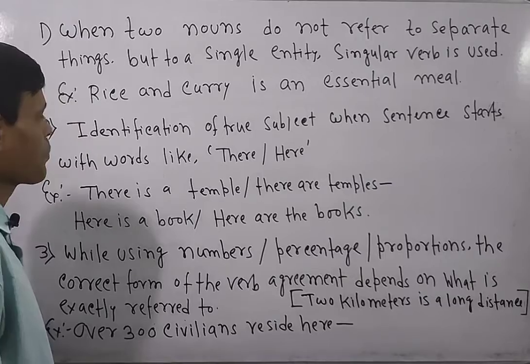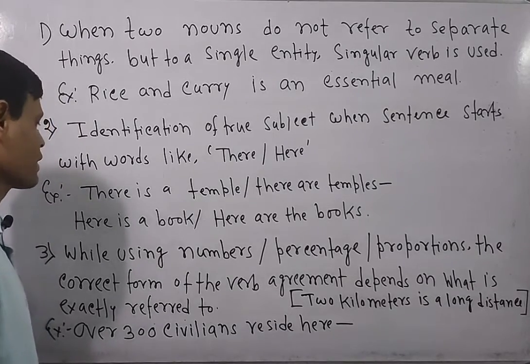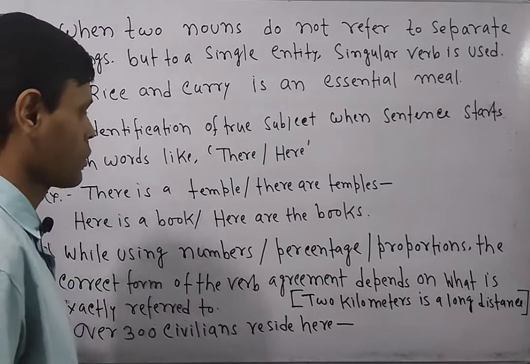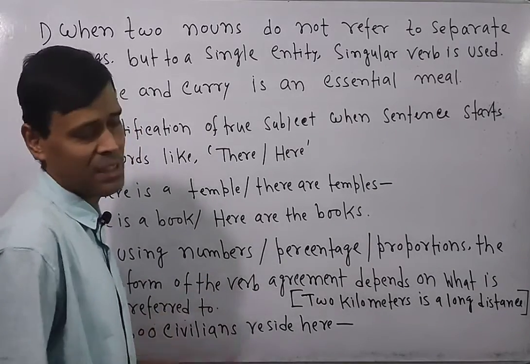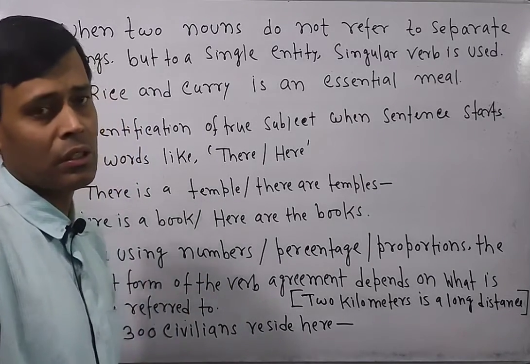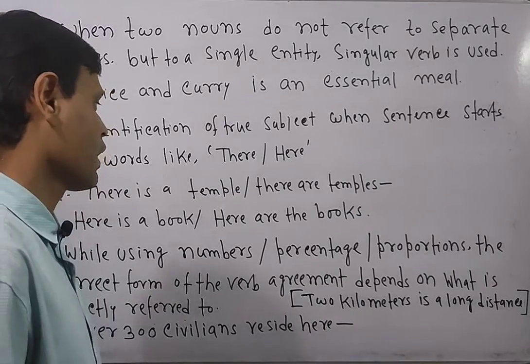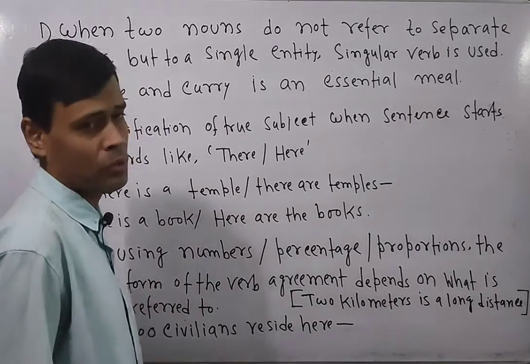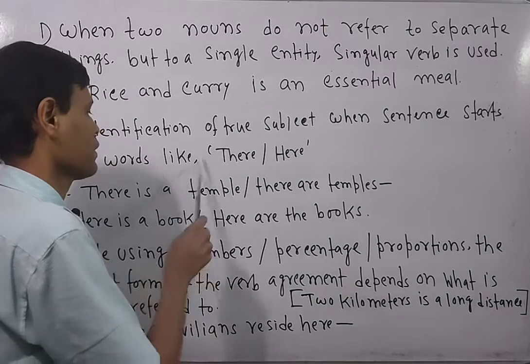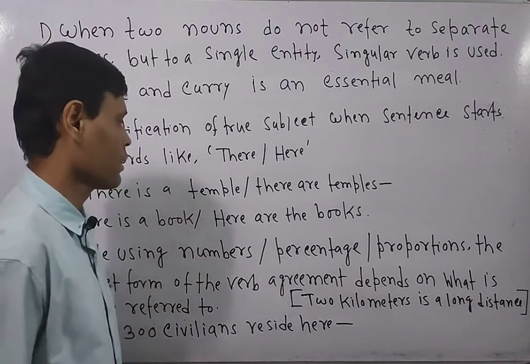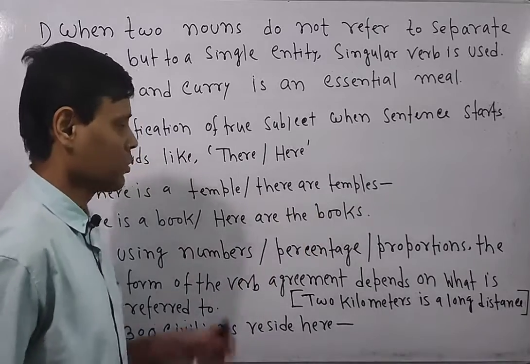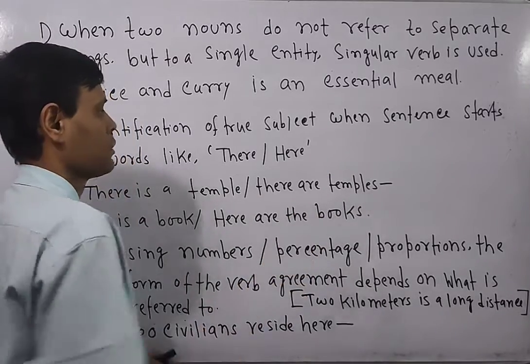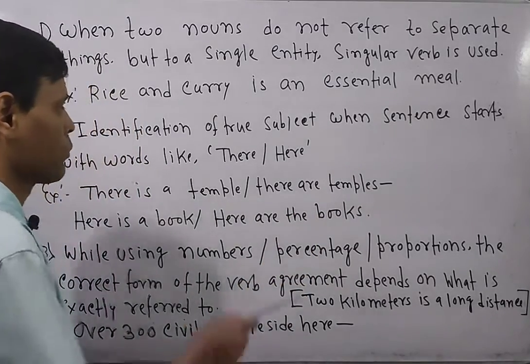Now, there is a temple, there are temples, here is a book, here are the books. In these cases the subjects must be nouns or pronouns. So here the subject is the word temple, and here the subject is temples. As the subject is plural, automatically the verb must be plural.